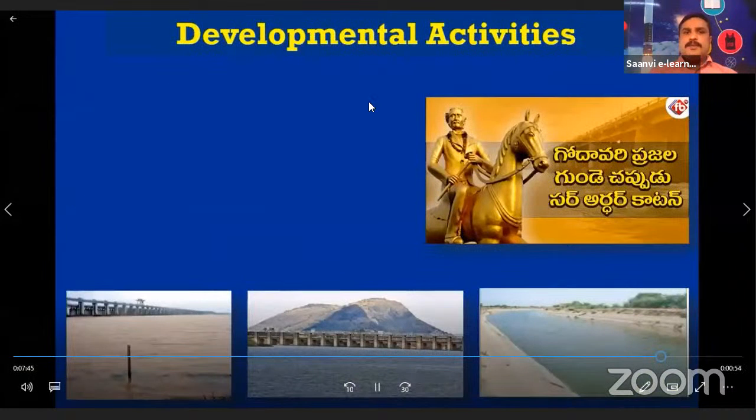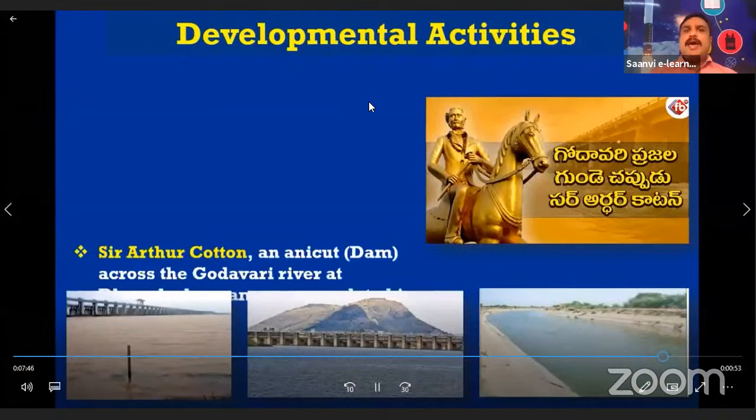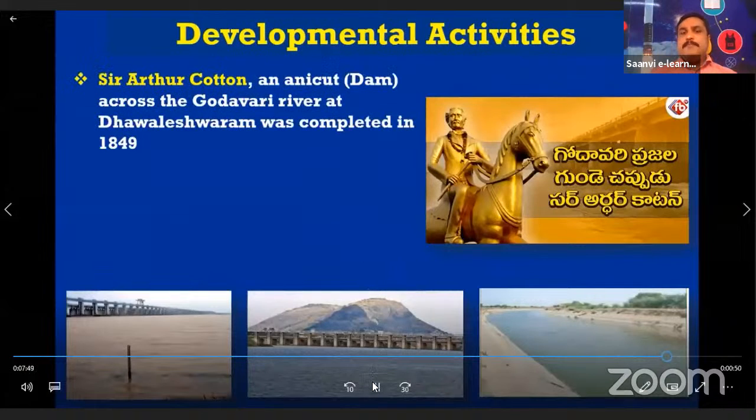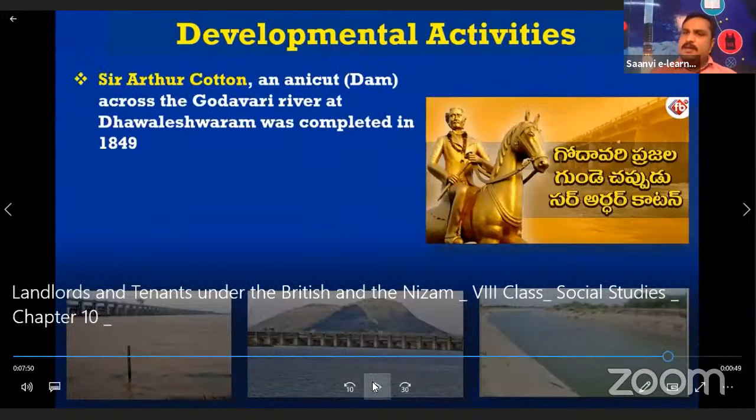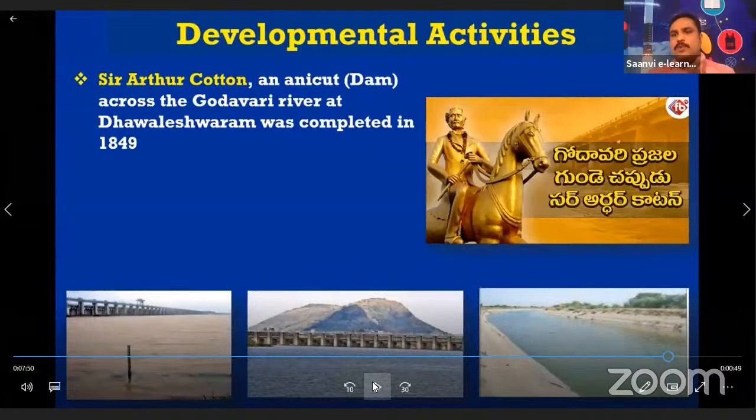Now, let us see the developmental activities of the British rule. They started observing the society, in what way agriculture or the primary sector could be developed. See these terms and the names of the authorities, very important.